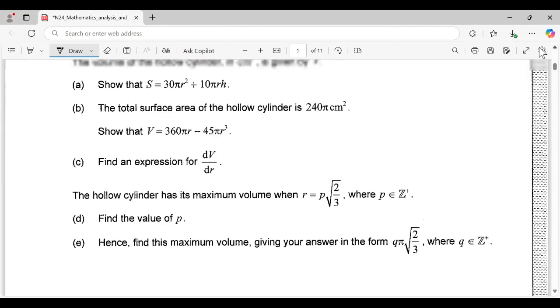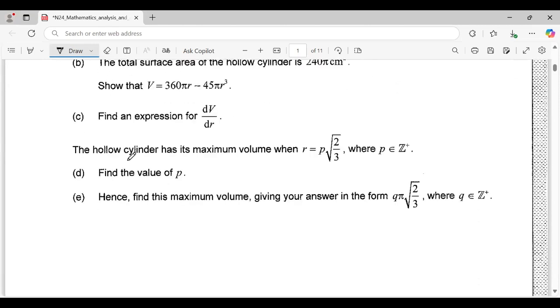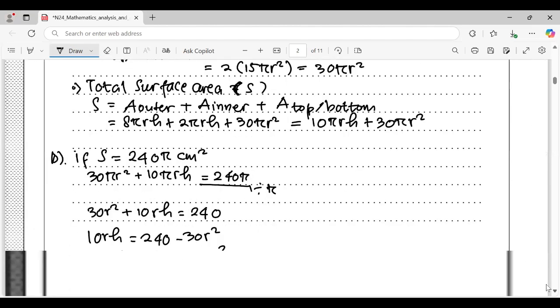And the next, the hollow cylinder has its maximum volume when r equals p square root 2/3, where p is a positive integer. Find the value of p.